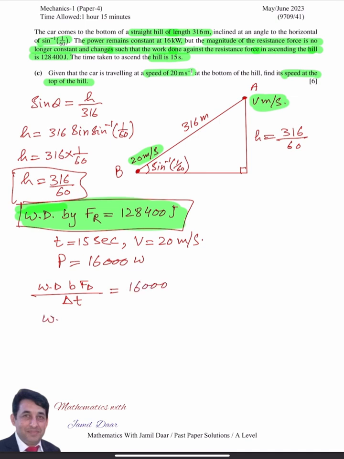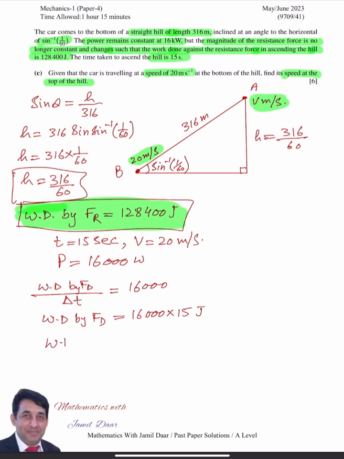Work done by the driving force will become equal to 16,000 into the time, which is 15.